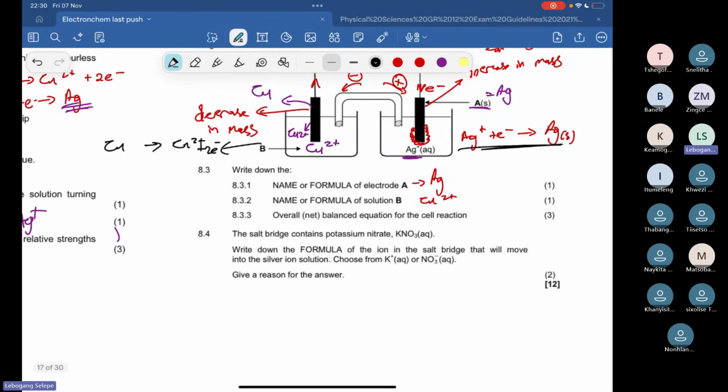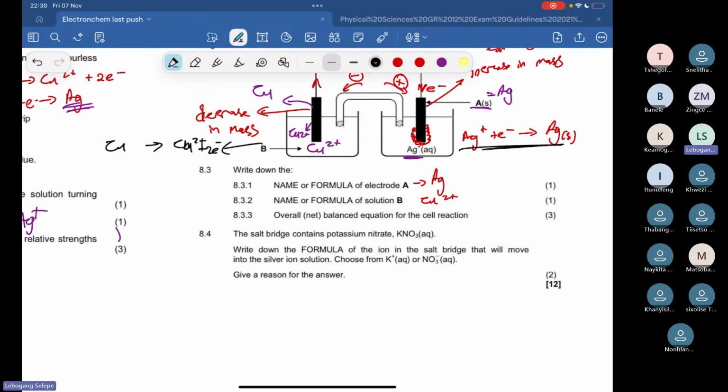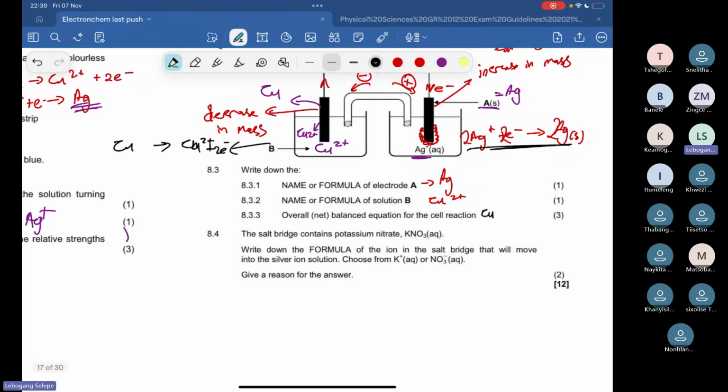So I need to balance the electrons first, and multiply this one by 2. Then the electrons cancel each other out. Now let's add the equations for the net. So I have Cu plus 2Ag plus gives me Cu2 plus plus 2Ag. So that's the net equation.